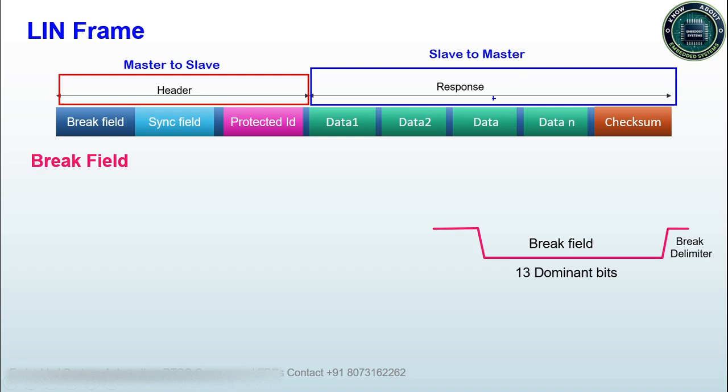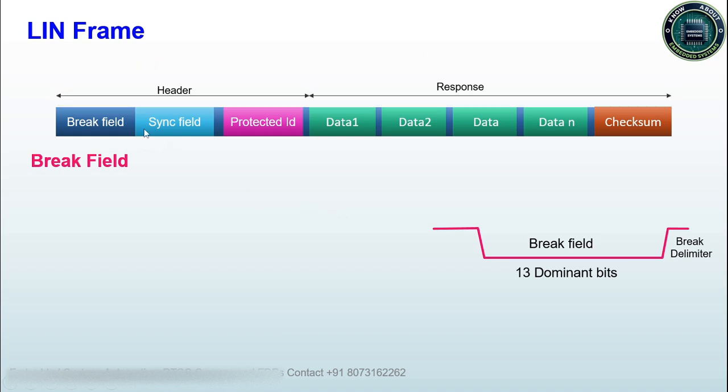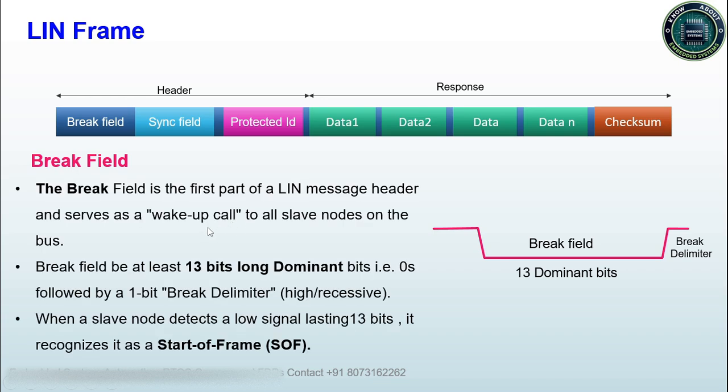Now we will see one by one the important segments of the frame. The first one is called the break field. What do you mean by break field? In simple words, the break field is the start of frame. In other protocols such as UART, SPI, I2C, and CAN, we have something called a start bit or start of frame.